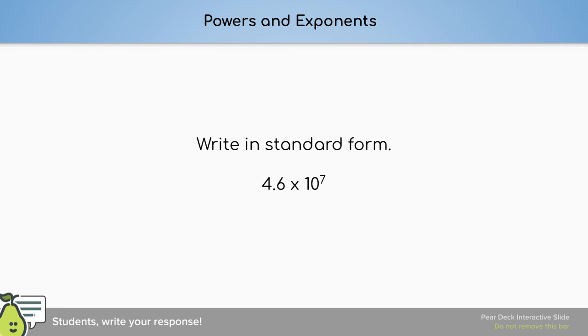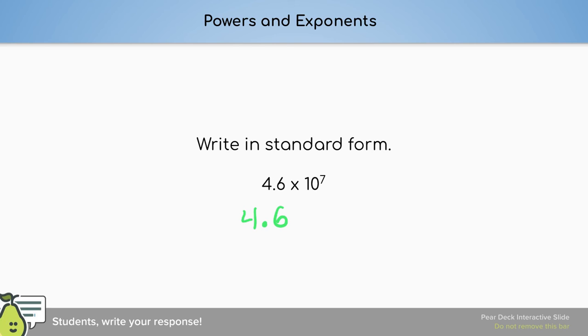So here is our expression, 4 and 6 tenths times 10 to the 7th. We want to write this in standard form. So let's write 4 and 6 tenths. And now we are multiplying it by 10 to the 7th power. So I'm going to move my decimal 7 places to the right. Every time I move a decimal 1 place to the right, it's the same thing as multiplying by 10.